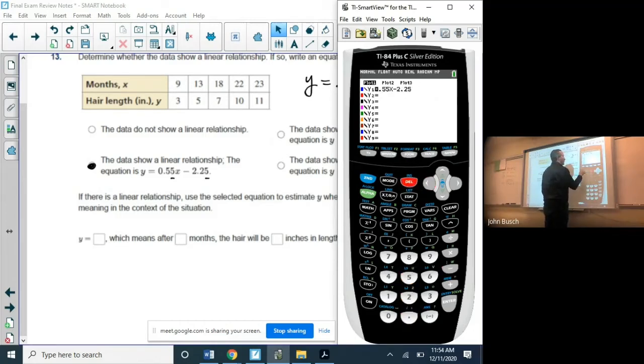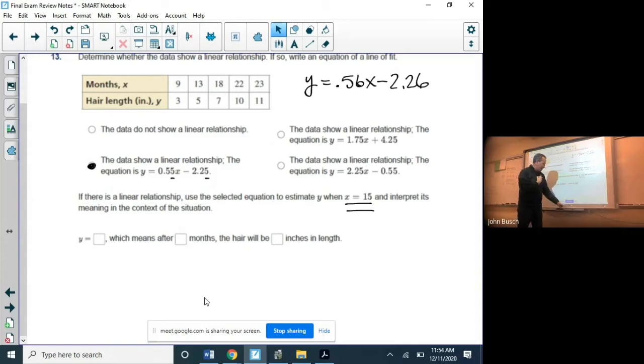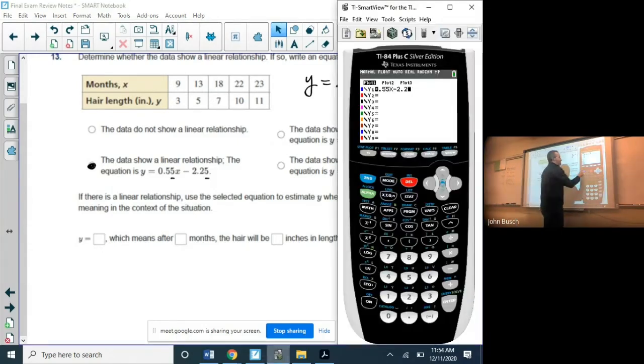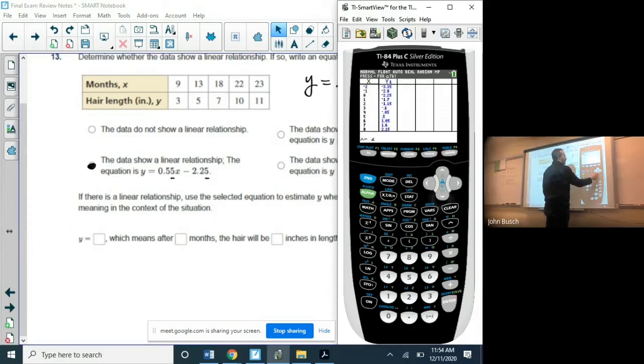Then if you go to the table, we can plug 15 in. Yours is probably set up so that it automatically puts numbers in. We just have to go down to 15.